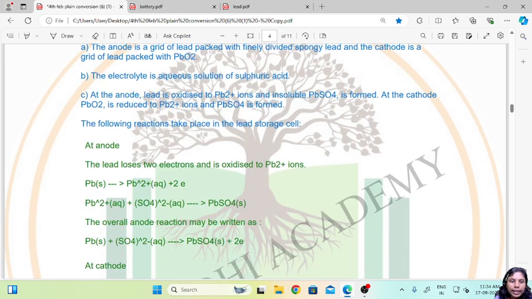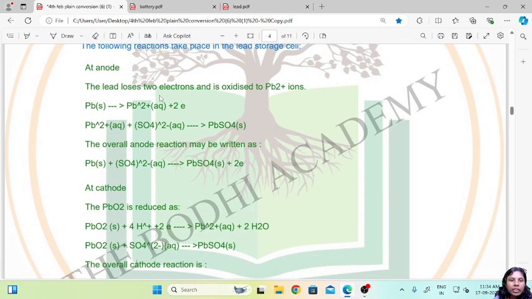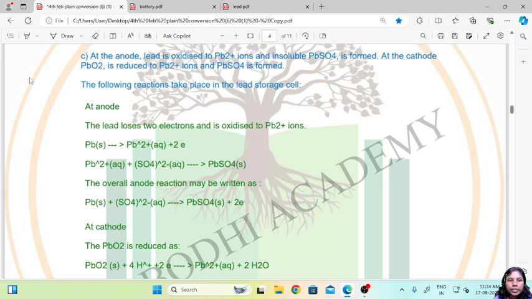At the anode, lead is oxidized to Pb2+ ions and insoluble PbSO4 is formed. At the cathode, PbO2 is reduced to Pb2+ ions and PbSO4 is again formed. So the following reactions take place in the lead storage cell.